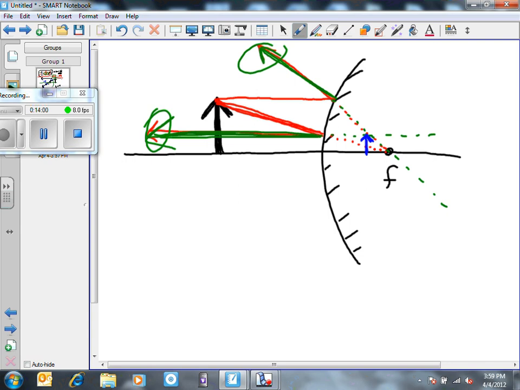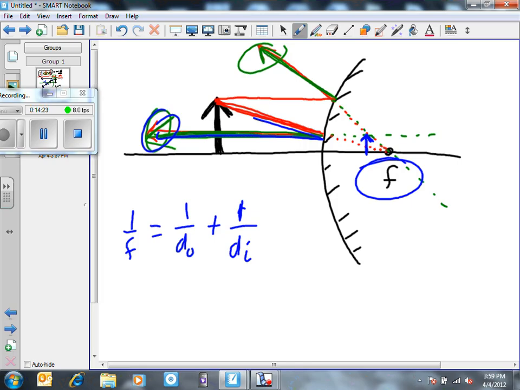Okay? So if I was going to use the 1/f = 1/d_o + 1/d_i formula, the focal here, is this a real or a fake focal? It's a fake focal because you can see there's no concentration of energy. The rays are actually bouncing and scattering. So there's no focus or concentration of the energy.